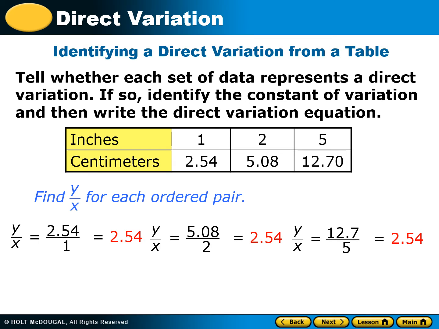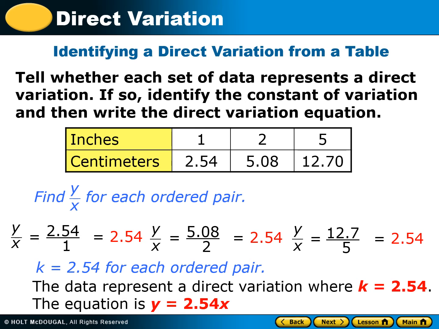What can we deduce from here? We can say that k, the constant of variation, equals 2.54 for each ordered pair. Therefore, the data represent a direct variation where k equals 2.54, and the equation is y equals 2.54, which is the k, times x.